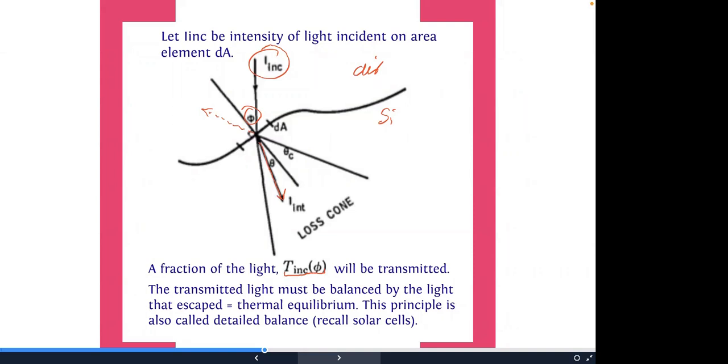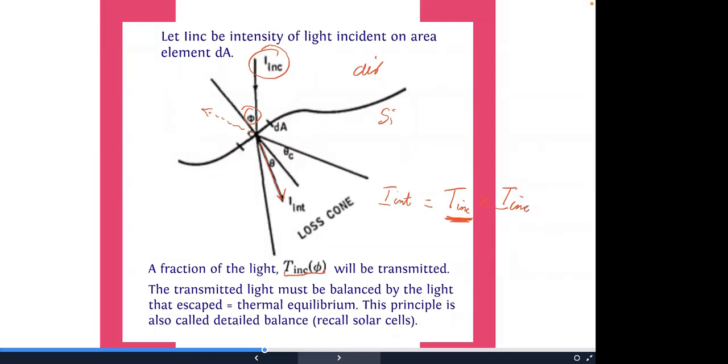As we know, the reflected light depends on the angle: large angles will reflect more than small angles. So this is just a transmission efficiency. I can write the internal intensity is simply T incident, ignoring the phi for now, multiplied by I incident.